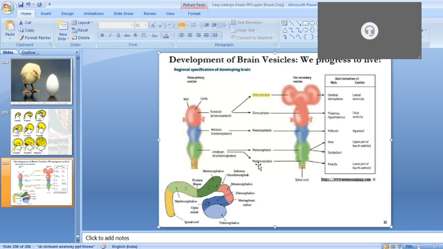See, these are the points which you have to remember for the development of the brain. Just go to the Google image, and in the Google image you can make the summary from this point. You can download this diagram.